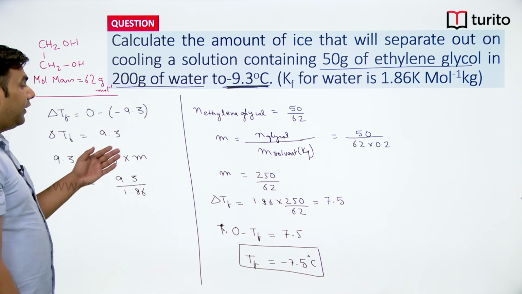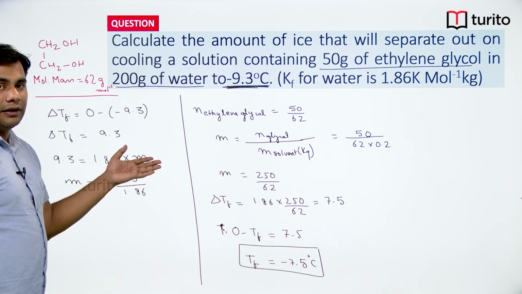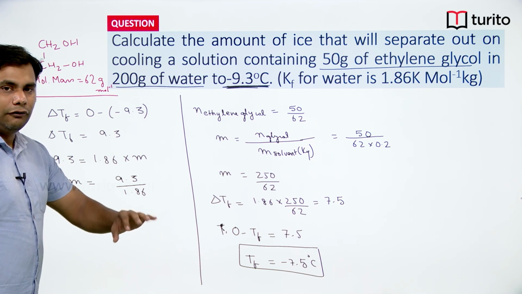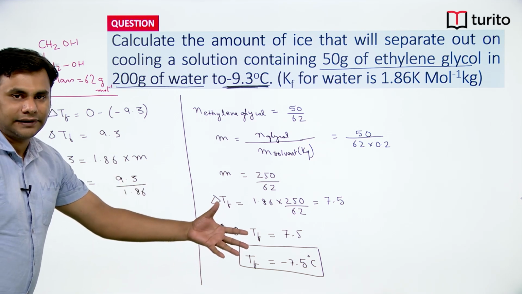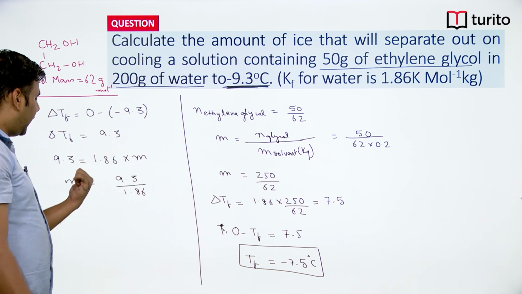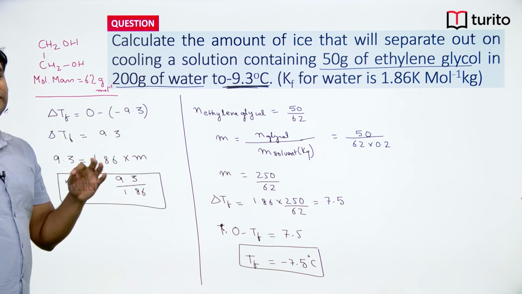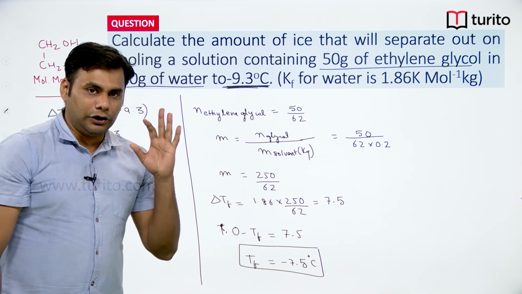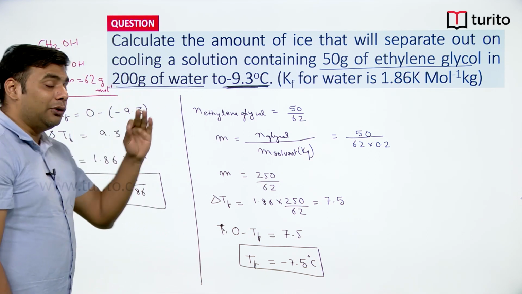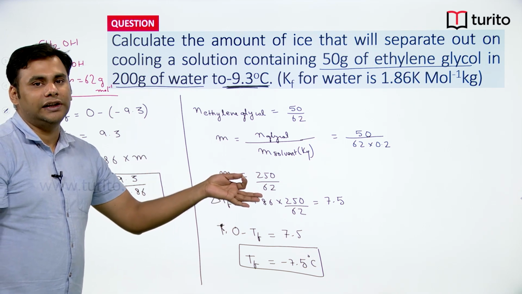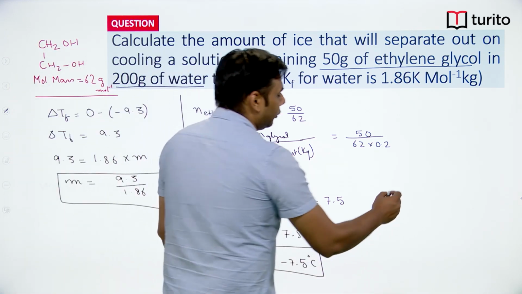Okay. Now when some amount of water started to freeze into ice, we have to just look at the molality. Molality is the number of moles of solute, and a solute never freezes in the solution. It is only the solvent that is freezing. So a question can come on this as well.